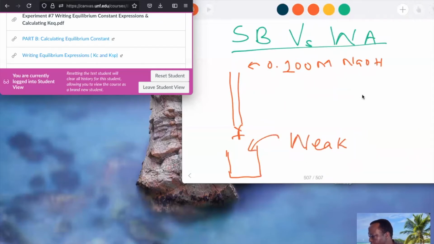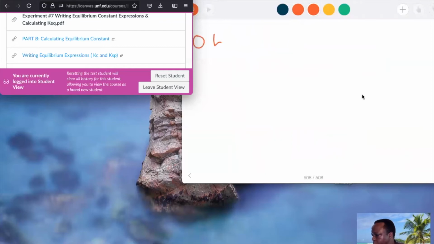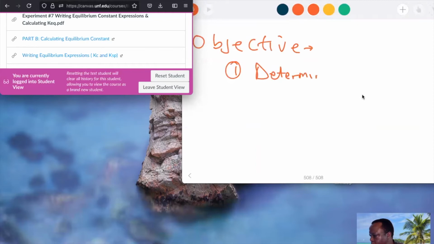Now, in our titration today, we will have a weak acid, and the point here is we will determine the Ka. The objective for this lab is, one, to determine the Ka of a weak acid.